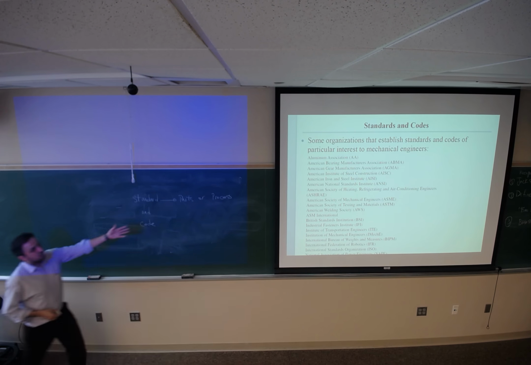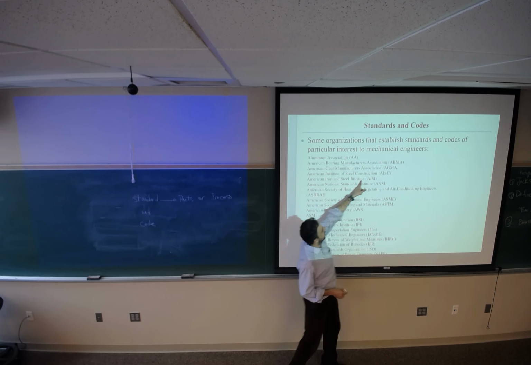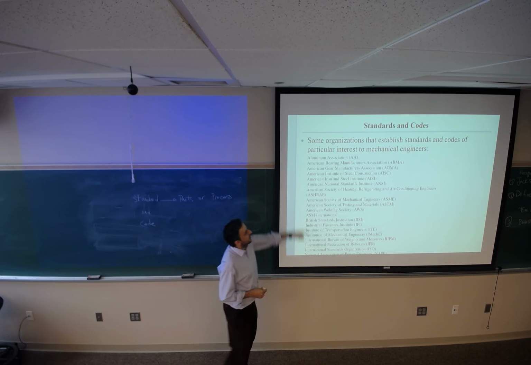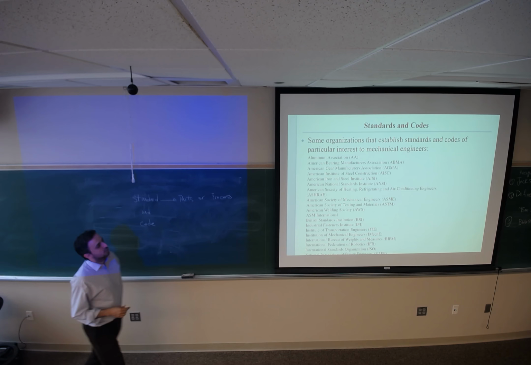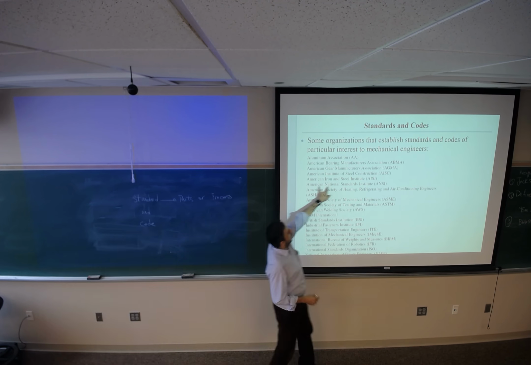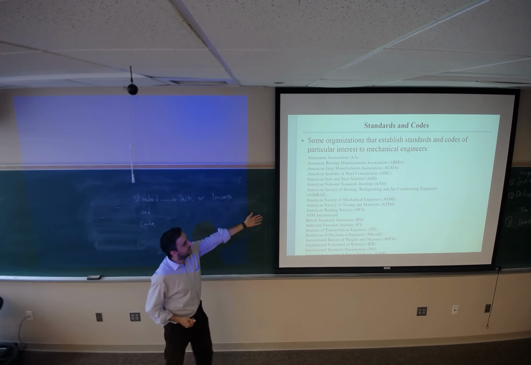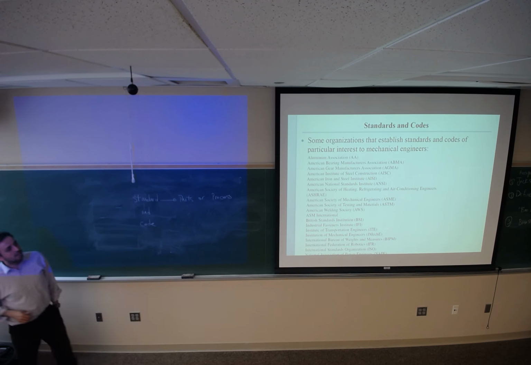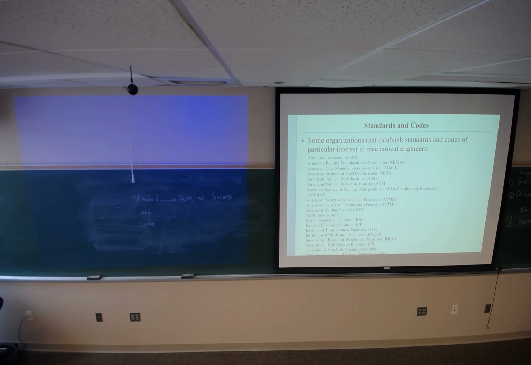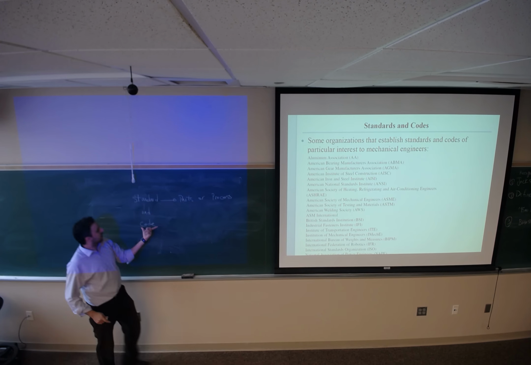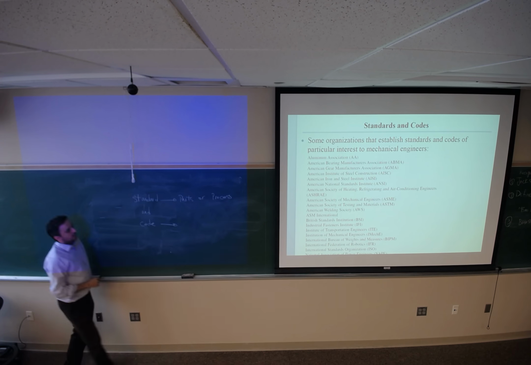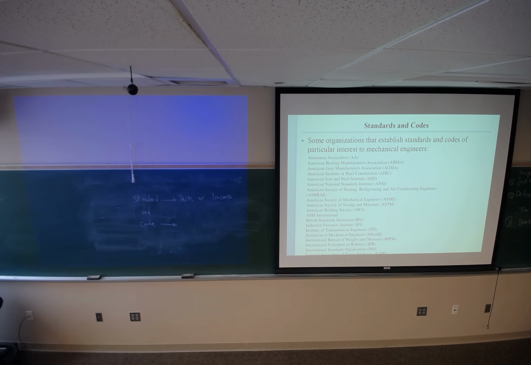These are the names that you will hear many times in this course: AISI, American Iron and Steel Institute, or ANSI, American National Standards Institute, or ASME, American Society of Mechanical Engineering. These organizations publish different standards dealing with the parts, material, or process, and codes dealing with methods and the design process.